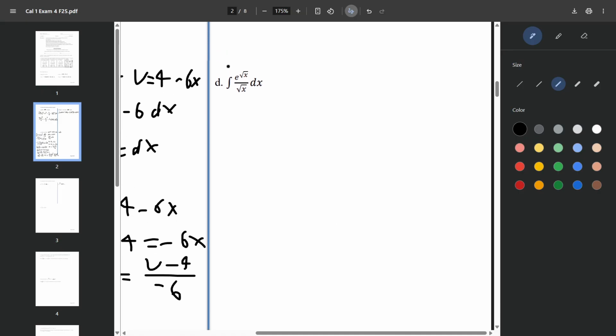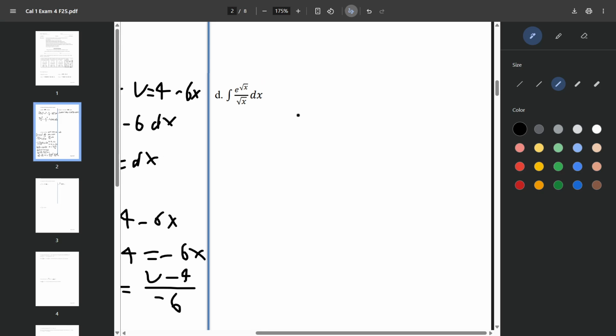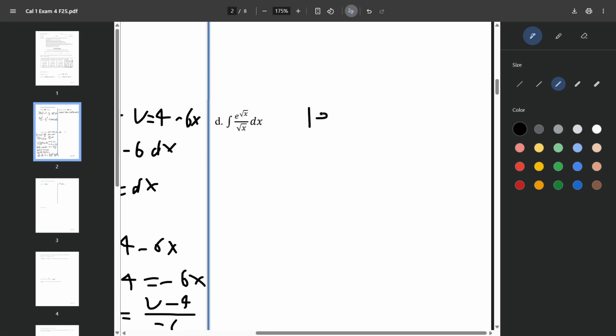And now finally for this page, the integral of e to the power of root x over root x. So the first step is to do similarly to the previous problem, and in this case we will let u equal root x.